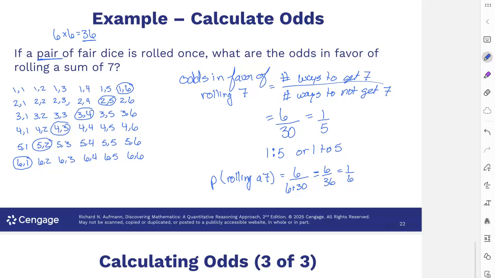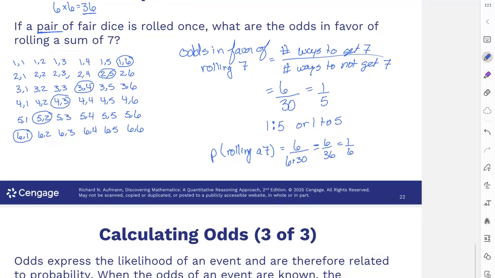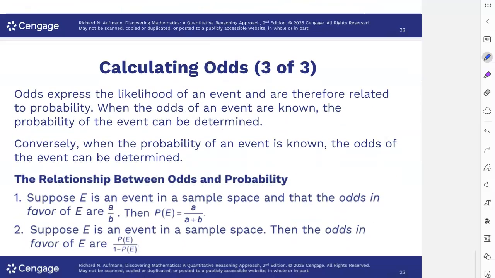This is a way that we could list that sample space for rolling a pair of dice where every option is equally likely to happen. There's 6 ways I could get a 7 out of the 36 possibilities. So you can see that relationship between those.